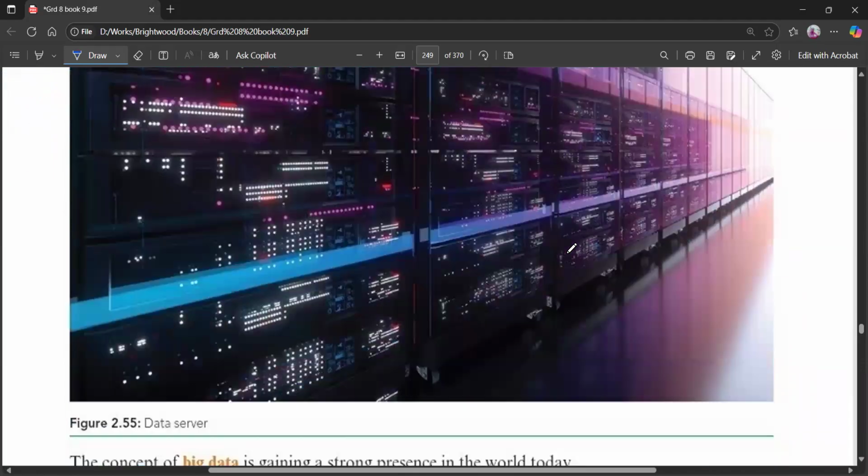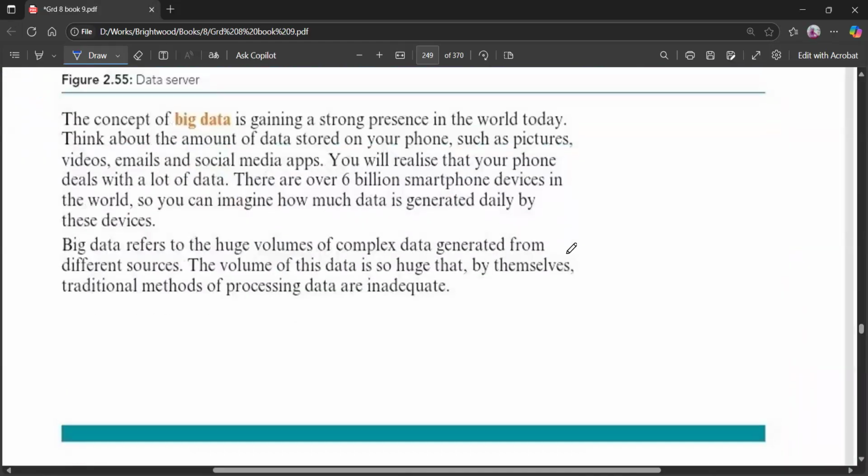First of all, you should know the concept of big data. It's gaining a strong presence in the world today, within software engineers, data science, prediction of the future, informatics, and all things related to big data.